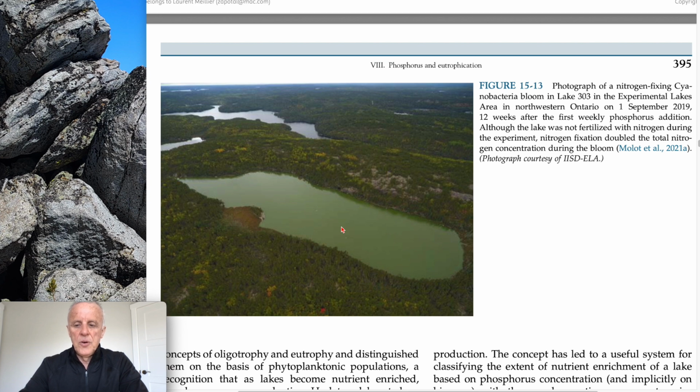Therefore, the point is that the cyanobacteria fixed nitrogen, meaning they synthesize nitrogen compounds, probably from atmospheric nitrogen, and helped the bloom to develop and flourish.